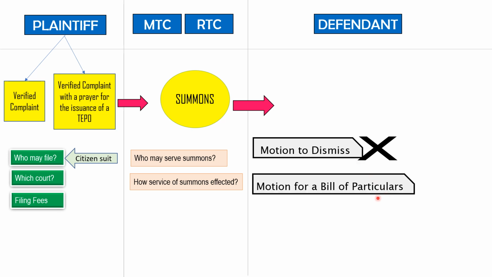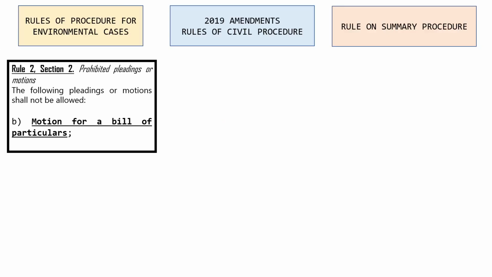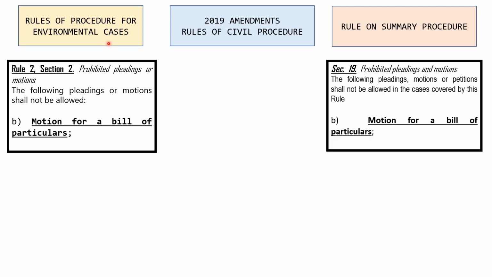How about a motion for a bill of particulars? That is also not allowed. Your motion for a bill of particulars is a prohibited motion that is not allowed under the Rules of Procedure for Environmental Cases. That is also true when you talk about the rule on summary procedure. How about in your Rules of Civil Procedure?